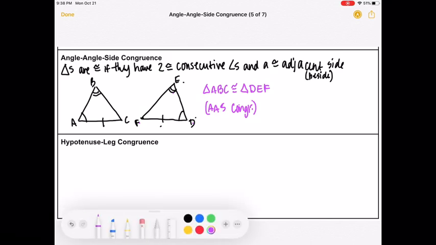All right, and last for this little section here is hypotenuse leg congruence. So this is going to be dealing with a right triangle.